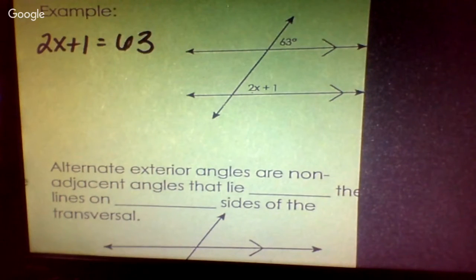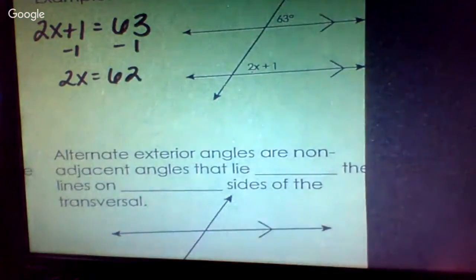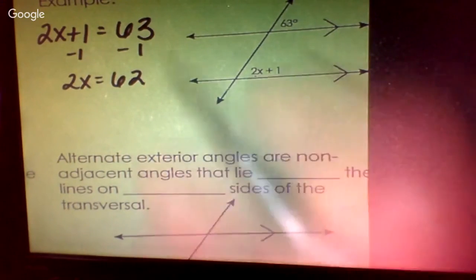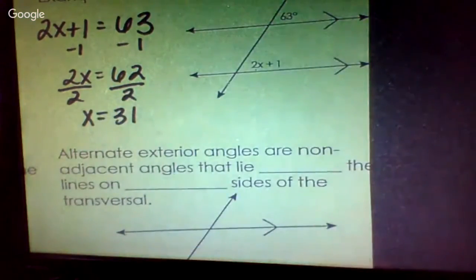Good. It's being added, so you need to subtract. Okay, so we subtract 1 on both sides. You get 2x equals 62. Elijah, what's my last step to get x by itself? Divide. Fantastic. Divide by 2. So x equals 31. Good, Marlon.